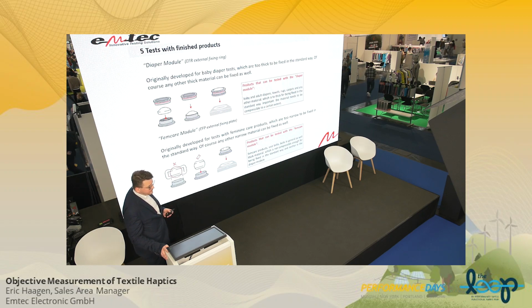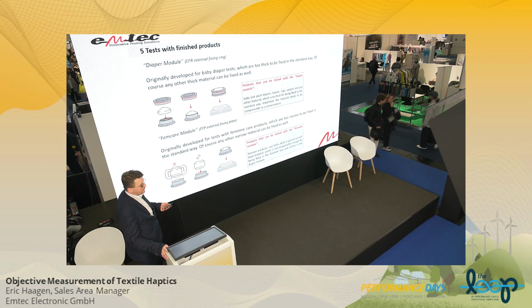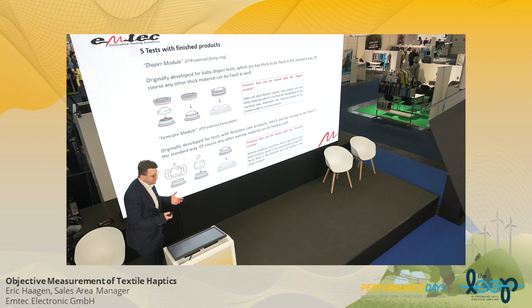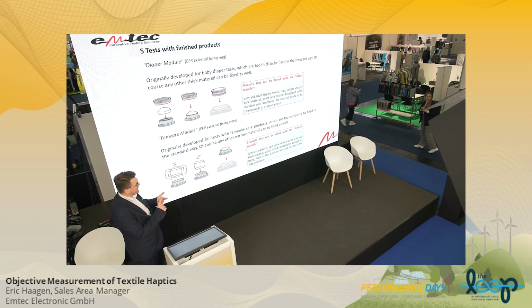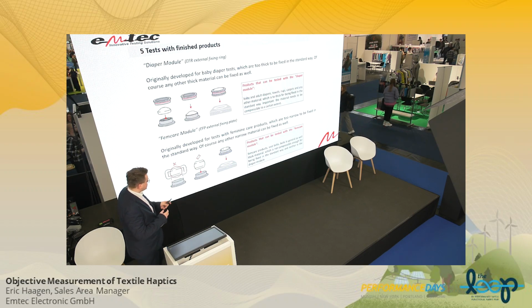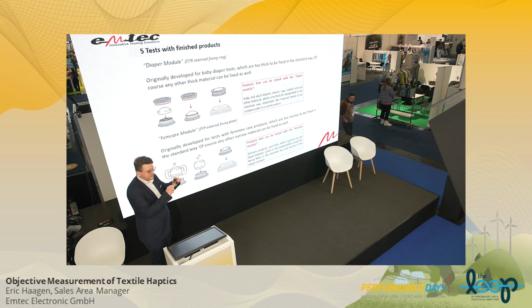We also have additional modules for the device, which make it even more versatile, which means we can also measure very thick materials like towels, carpets, rugs, or very narrow materials, like seat belts for cars, belts for bags or whatsoever.